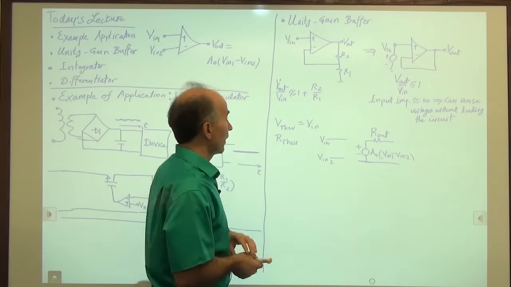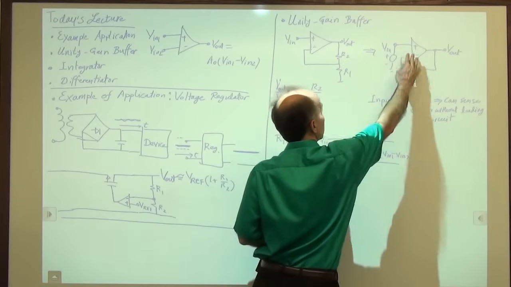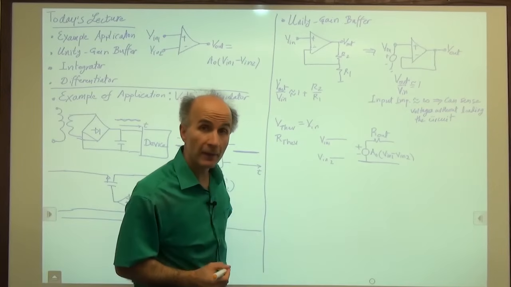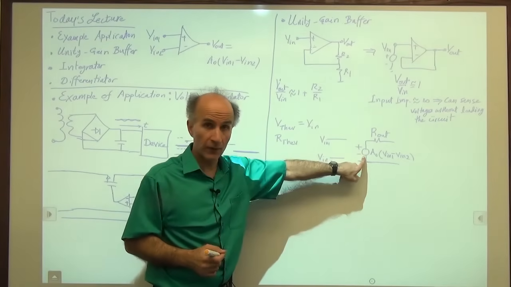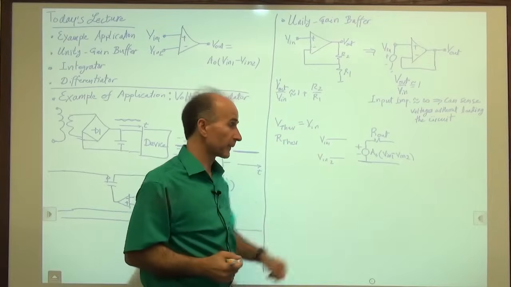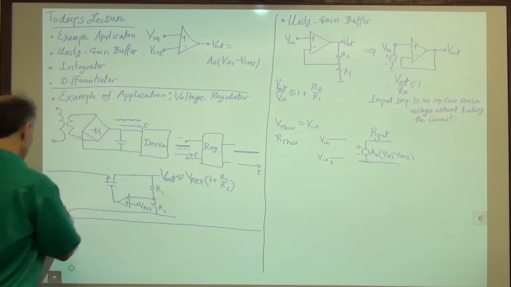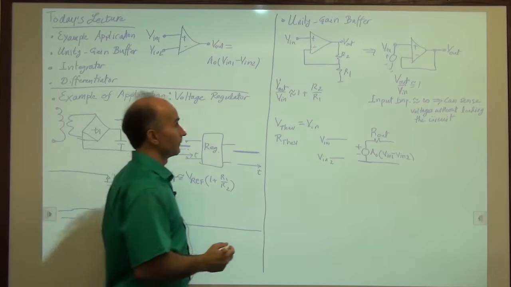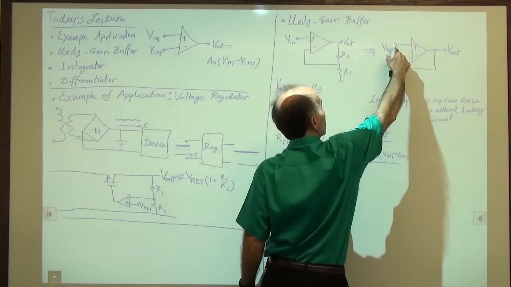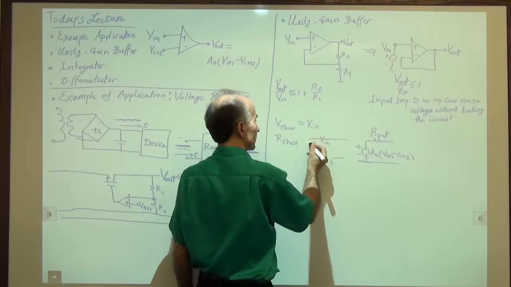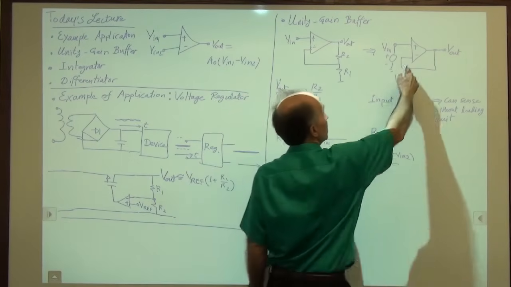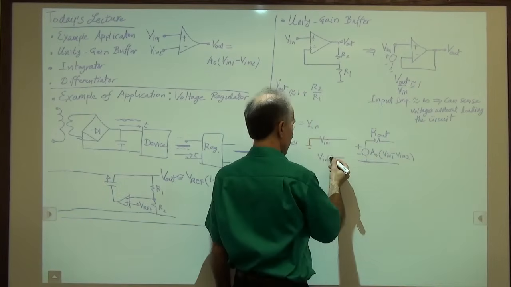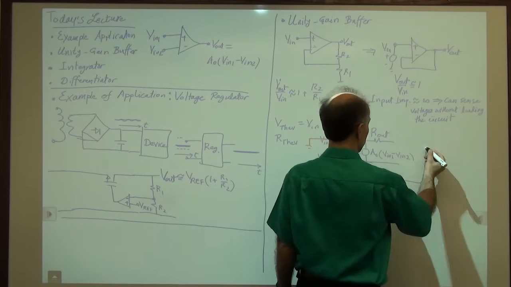All right, now I am still trying to find the Thevenin equivalent of this whole system, right? And I have to set all independent sources to 0. This does not go to 0 because it's a dependent source. Okay, so now let's change the color to something else. Okay, so V in 1 is set to 0. That goes to 0. V in 2, the inverting input, is connected to the output.